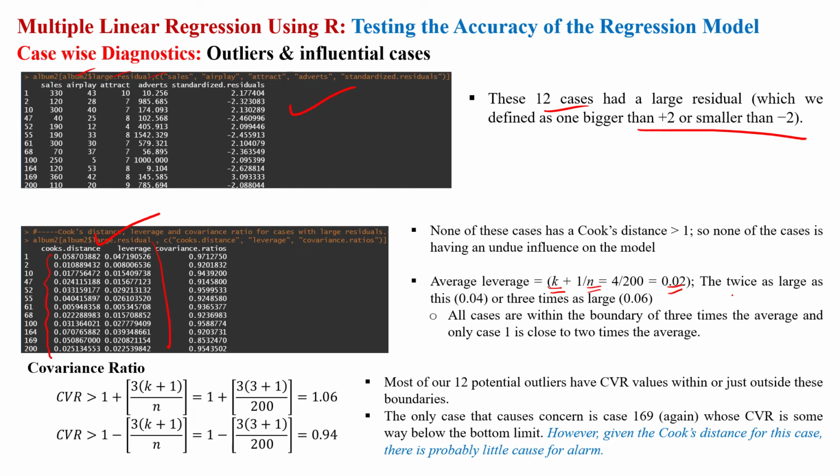Then the criterion is that we calculate twice this value, multiplying by 2, as well as three times, multiplying by 3, that is this one. If the leverage value lies within this range, then we can say there is no need to delete any particular case.